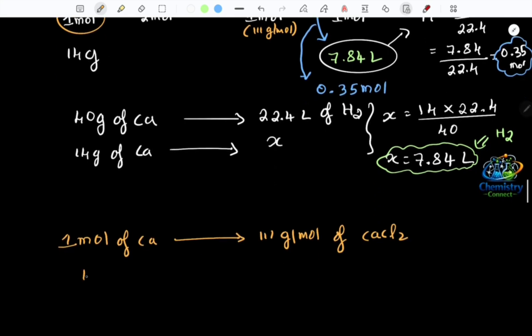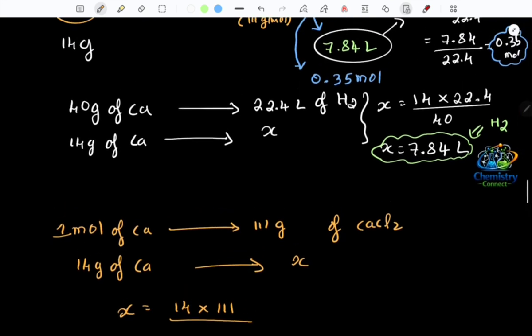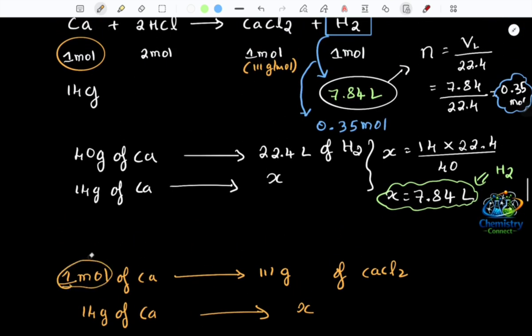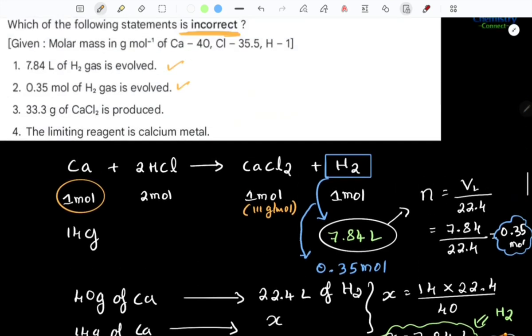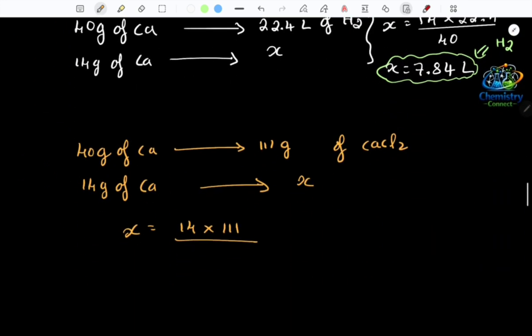So 14 grams of calcium gives X grams. X equals 14 into 111, divided by 40 grams per mole of calcium.